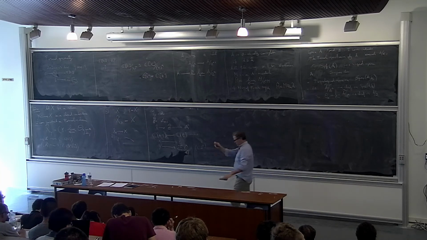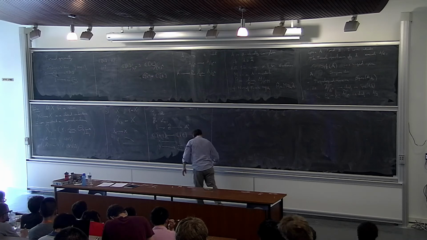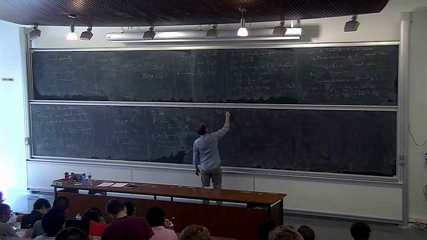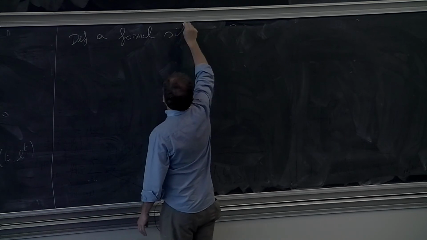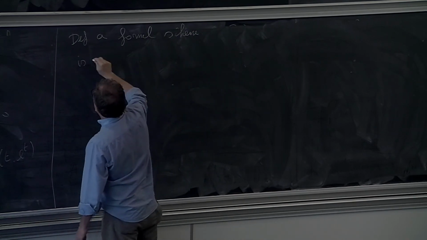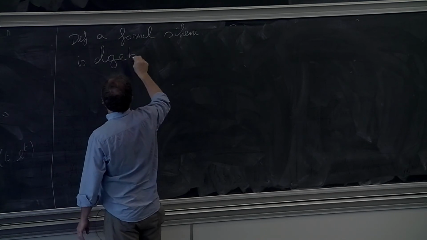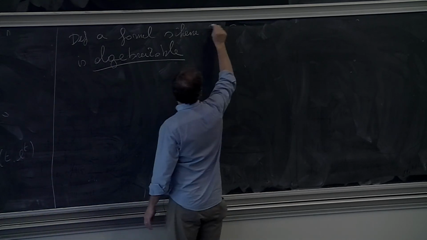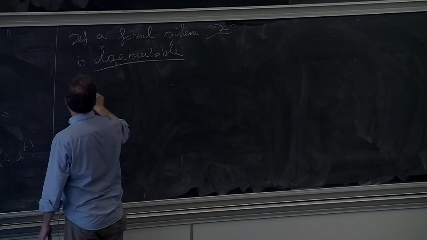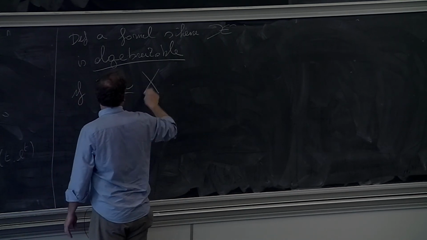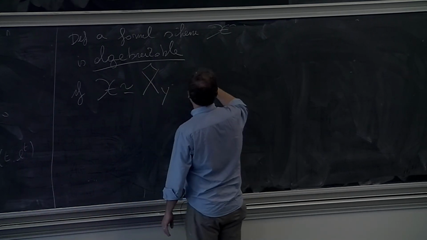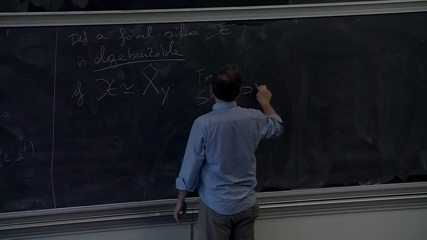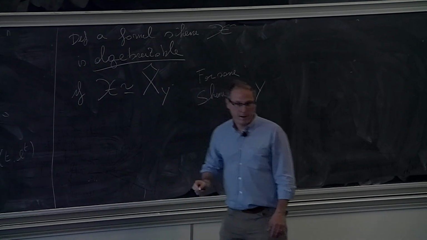Since we are speaking about this example, I will give this definition: a formal scheme X is algebraizable if X is isomorphic to the completion of some scheme X along a closed subscheme Y.